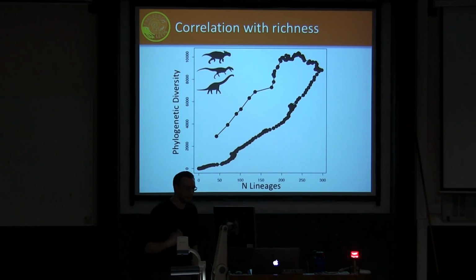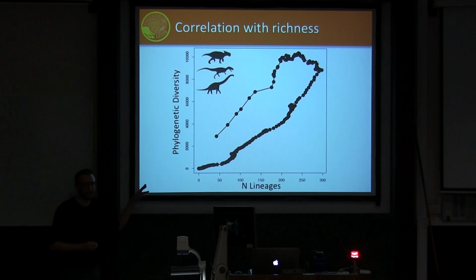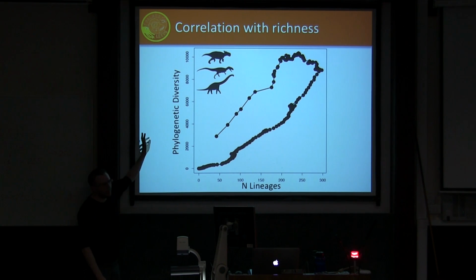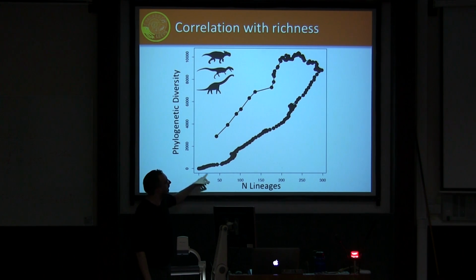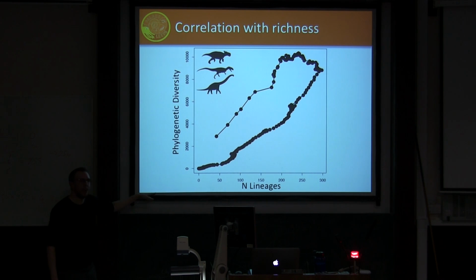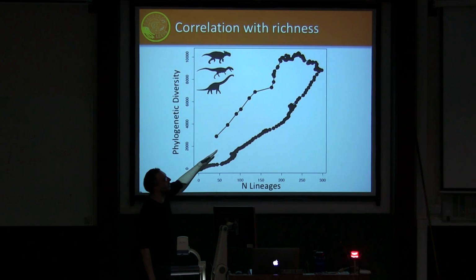So the first thing we can do is plot, for just one of our trees, our phylogenetic diversity on the y-axis against our number of lineages. This is all of the 1 million year time slices that we're looking at. And we can see that this is clearly not the kind of randomly distributed residuals we might expect around a linear line through the middle.